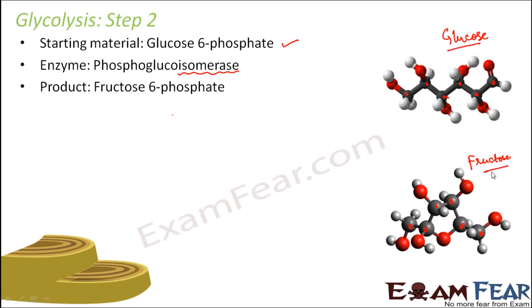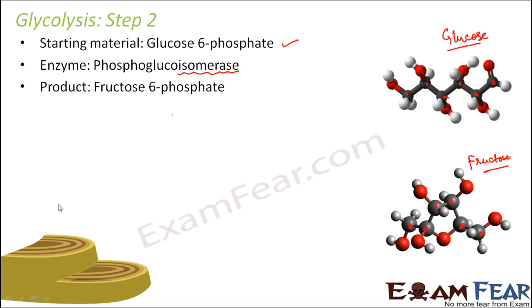So their molecular formulas are the same, but the way they are arranged is different. That is why glucose and fructose are isomers. Now, due to different arrangements, many of their properties also vary. And that is why they are two separate compounds. Otherwise, they would have been just the same thing. Right? So in this case, glucose 6-phosphate will get converted into fructose 6-phosphate.